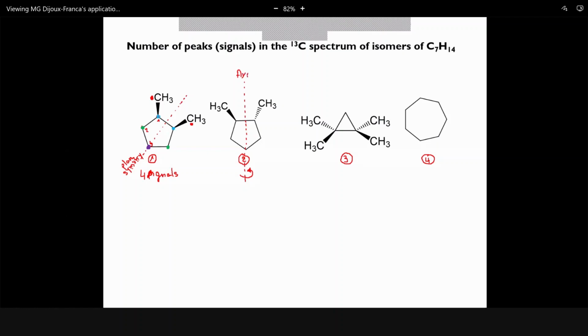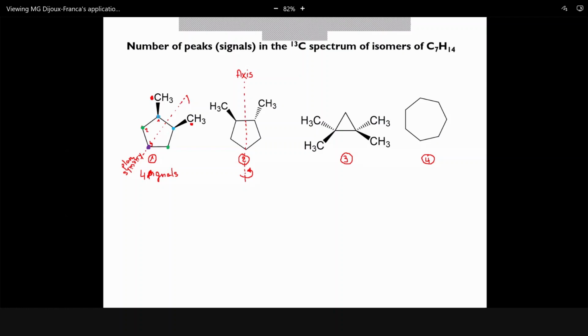Okay. Yeah, we have an axis. In the first molecule, we have a plane of symmetry. I don't know how to draw that, but you have a plane of symmetry. In that one, you have an axis. The molecule can turn around the axis, and then you can see that this methyl became that one, and that became this.